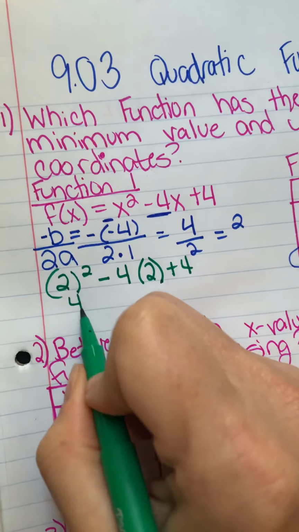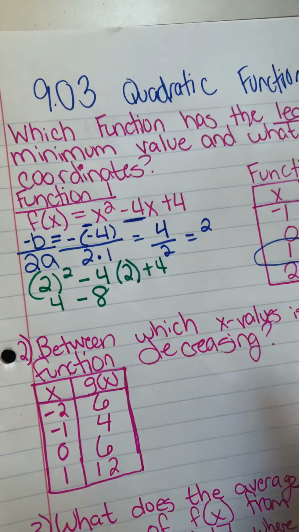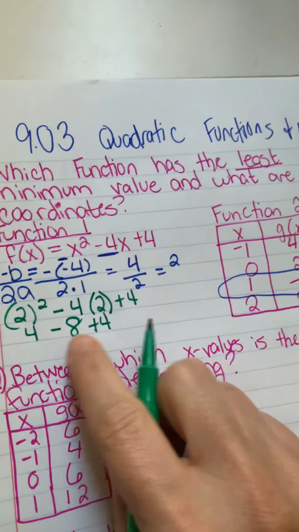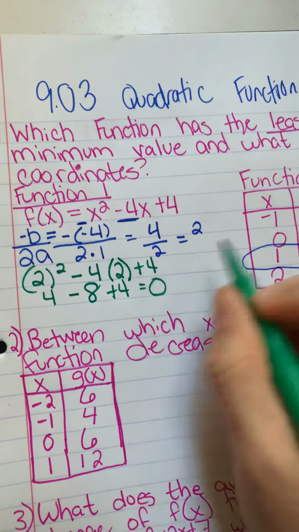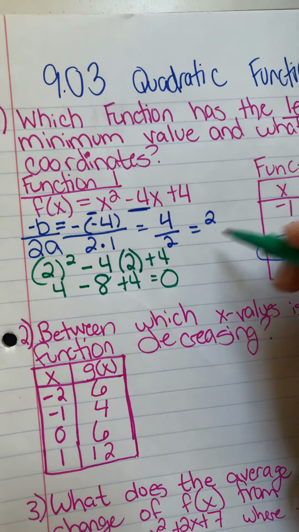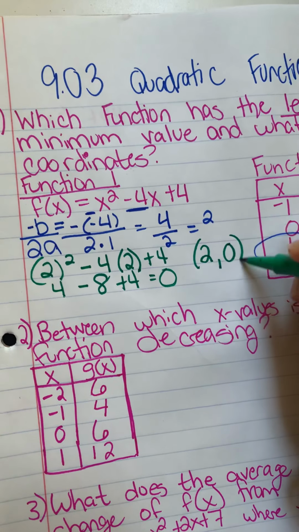So 2 squared is 4. -4 times 2 is -8. And 4 and -8 and 4 make 0. So for function 1, my vertex is at 2, 0.